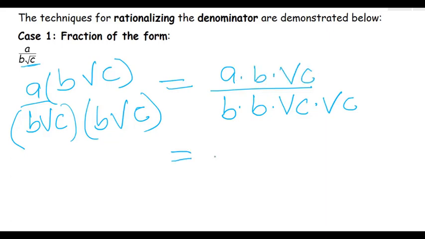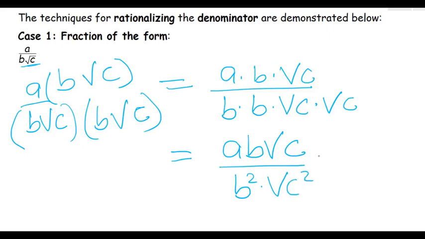We simplify and we're going to get ab root of c divided by b squared multiplied by root of c squared, which simplifies to ab root of c divided by b squared multiplied by c.